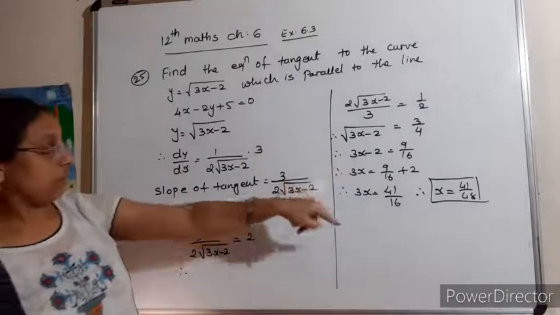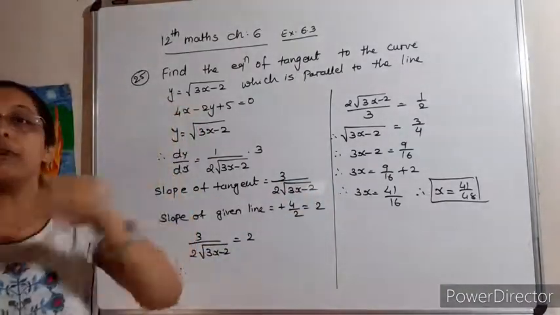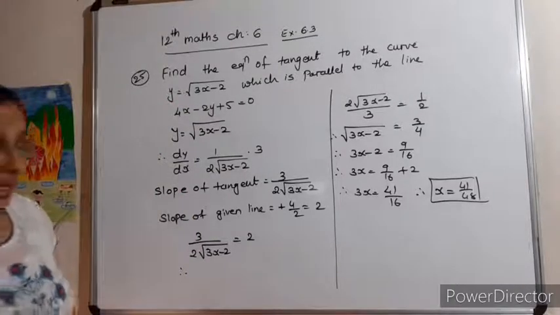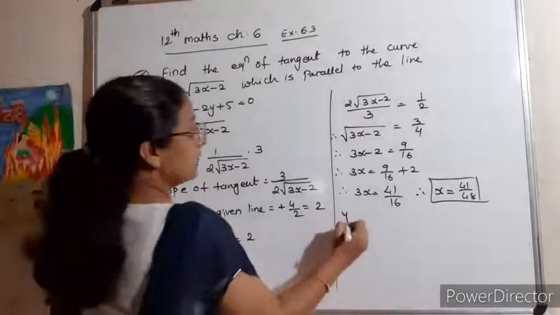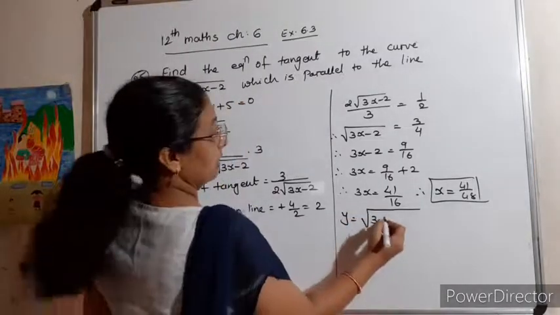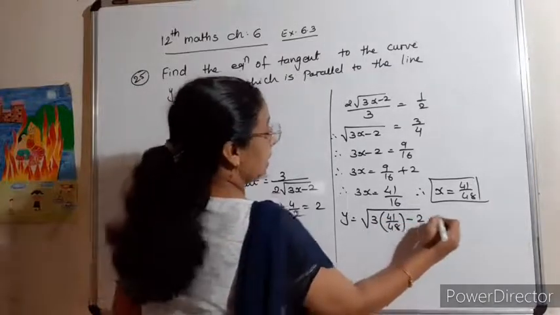Now the same value of x we will write in the curve and find the value of y. And we will find the value of y, right? And therefore y is equal to under root of 3 times 41 by 48 minus 2.